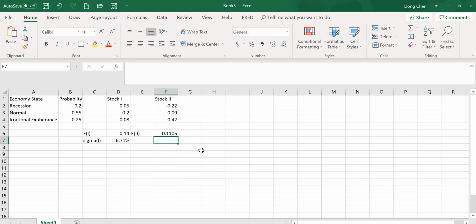For the second stock, sigma 2, the calculation is similar.